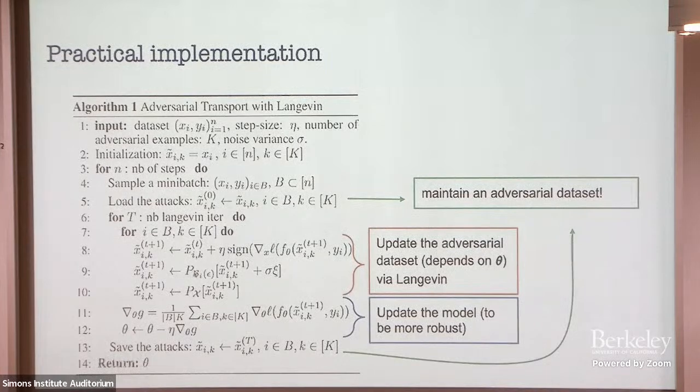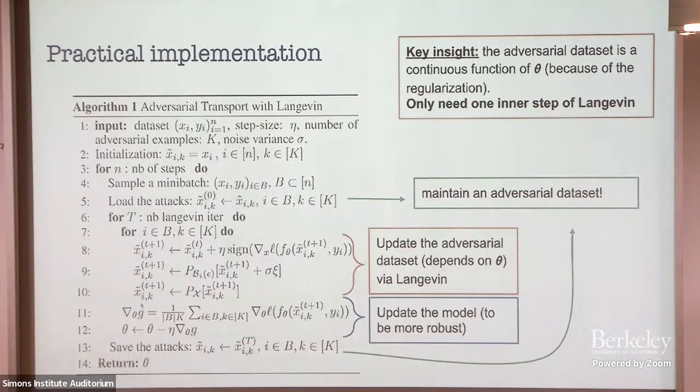Then you do your gradient descent step, the standard update of the model against the adversarial data set, and you save, which is very important, the attacks. So the novelty here is that instead of recomputing the adversarial example against your model at each time step, you have this adversarial distribution that you slightly update as you learn your model. And the key insight is that because we used this entropic regularization, the adversarial distribution is a continuous function of the model parameter.